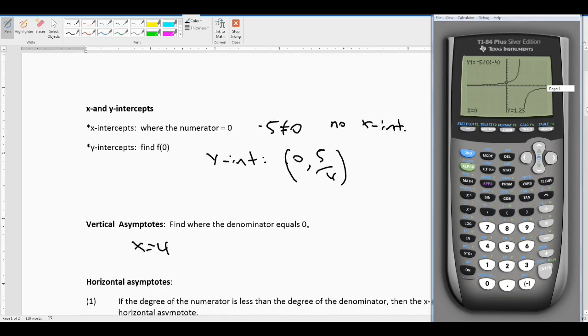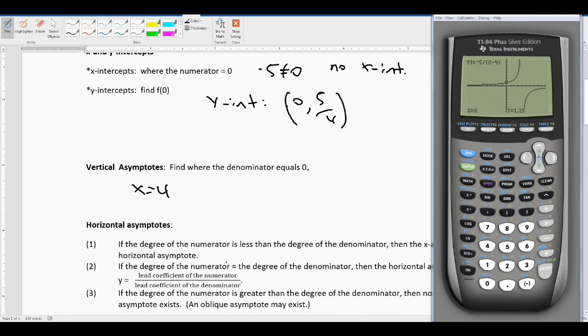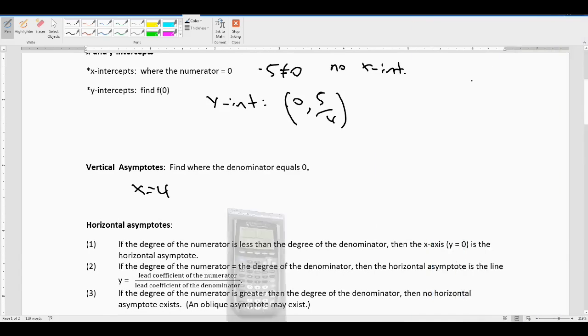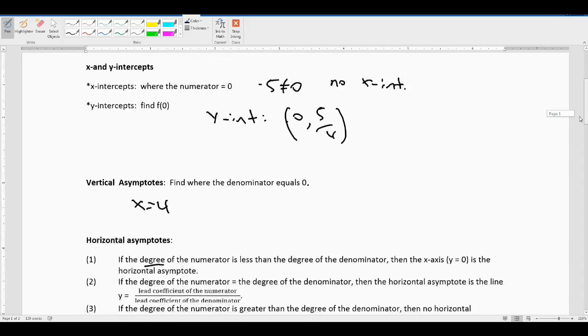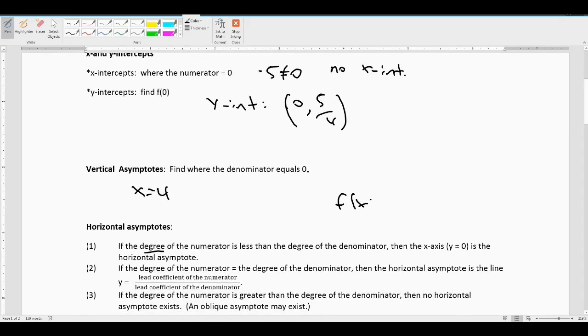For the horizontal asymptote, if there is one, we look at the degree, which is the exponents. So let's see, we have -5 over x minus 4 as a function. Degree means the exponent in the numerator. Since there's no x value, it's a constant, so it's 0, because that's like -5x to the 0 power.